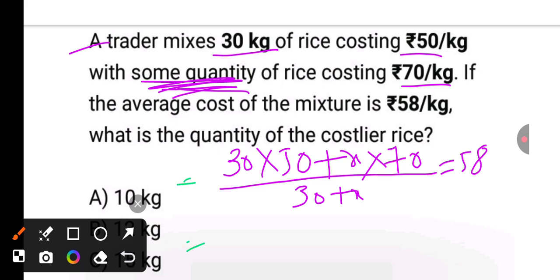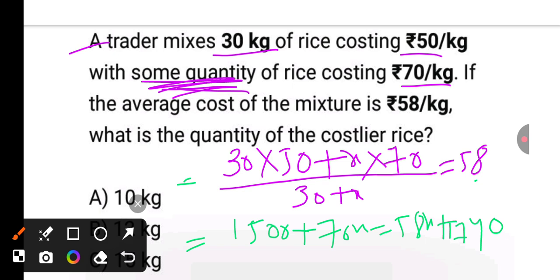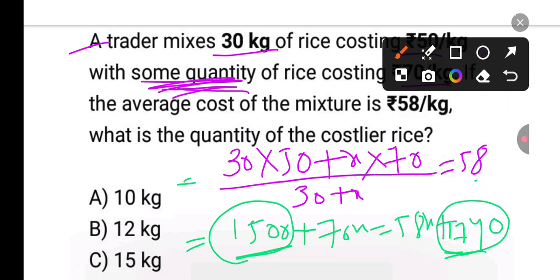Now solve. It is 1500 plus 70x equals 58x plus 1740. 1500 minus 1740 equals 240. So 70x minus 58x equals 12x.